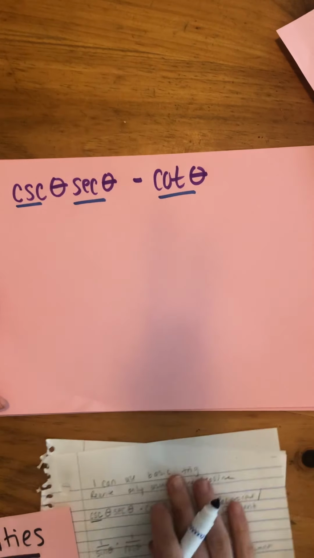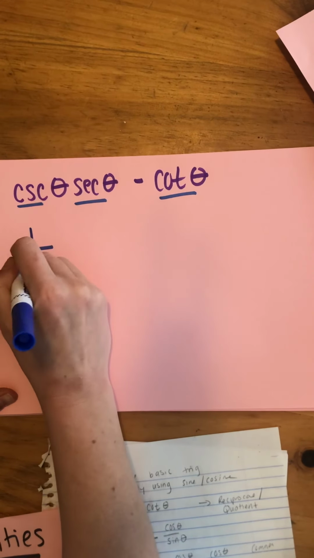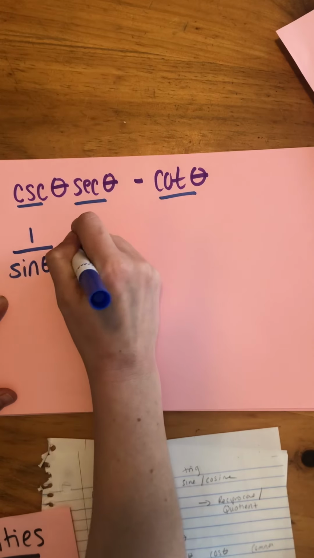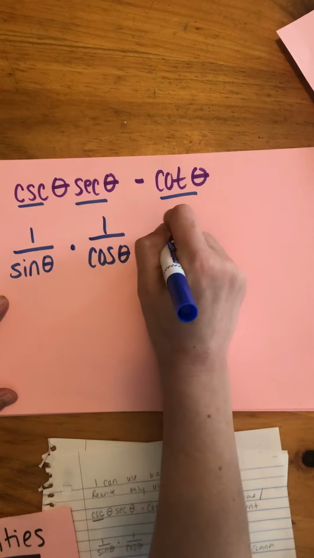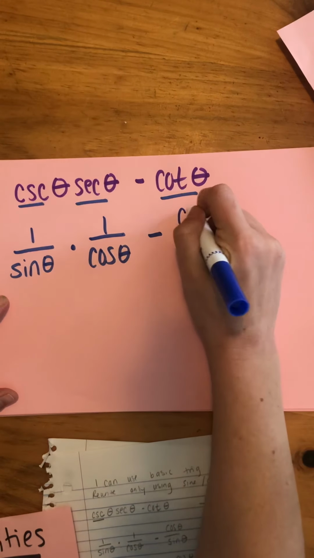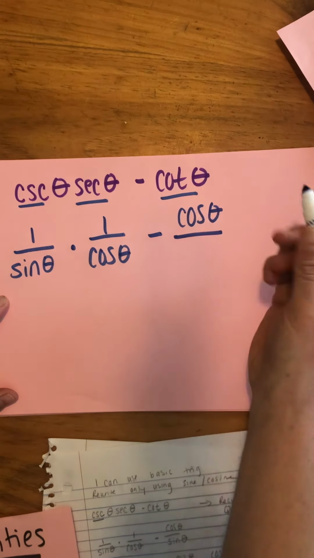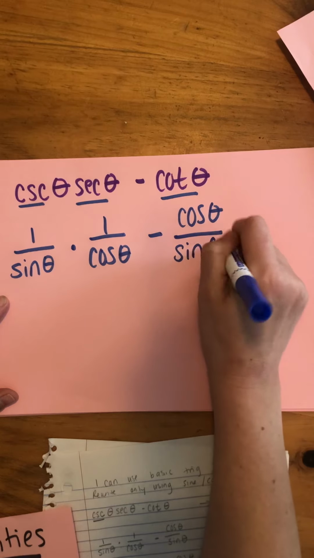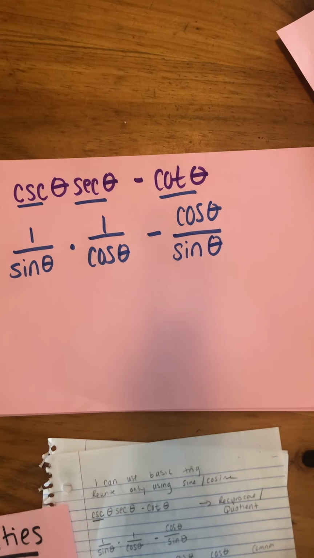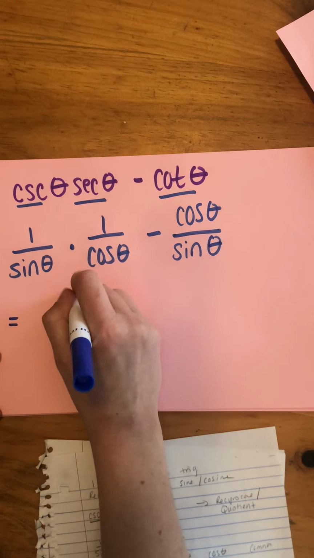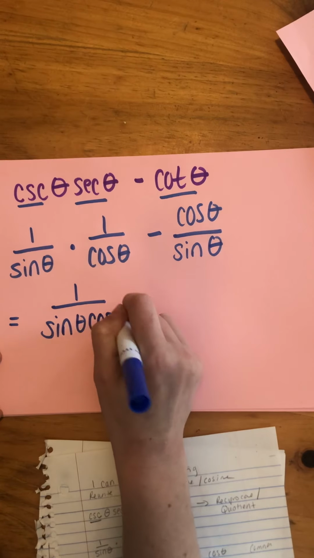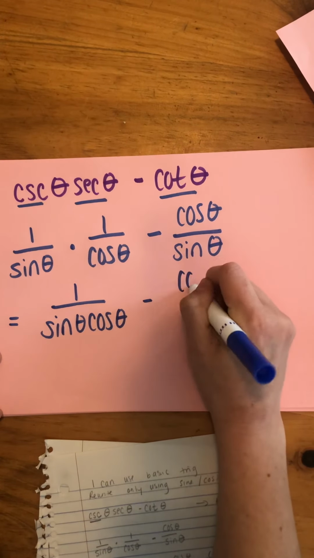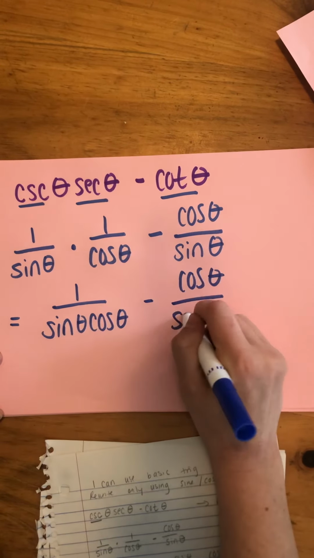So cosecant is 1 over sine theta, secant is 1 over cosine theta, and cotangent is cosine theta over sine theta. Well, we can multiply those together and we get 1 over sine theta cosine theta minus cosine theta over sine theta.